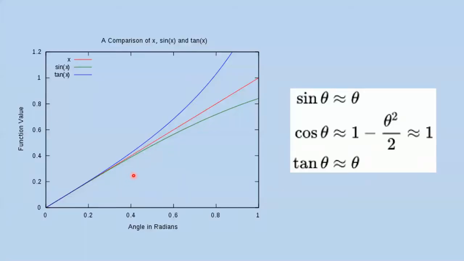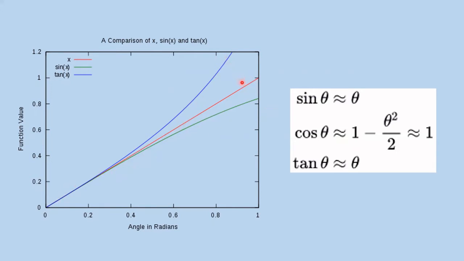Okay, so what we're using here is called the small angle approximation, also called the skinny triangle approximation, and you can look at it graphically. This is a graph of y equals x, that's the line that makes a 45-degree angle with the x-axis, or the sine of x, that's the green one, or the tangent of x, that's the blue one.